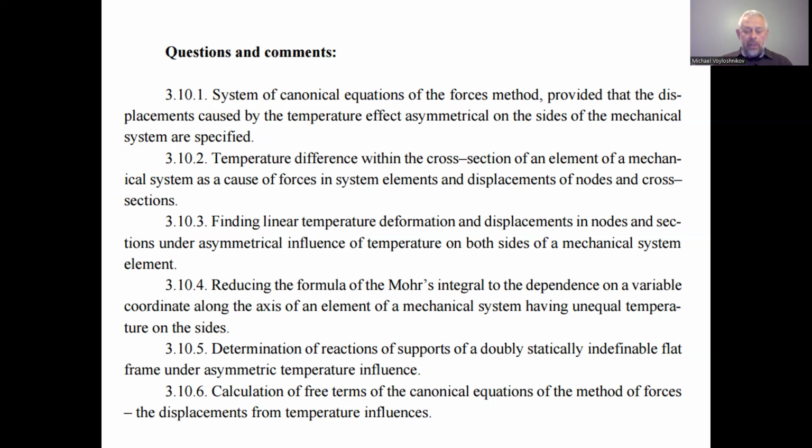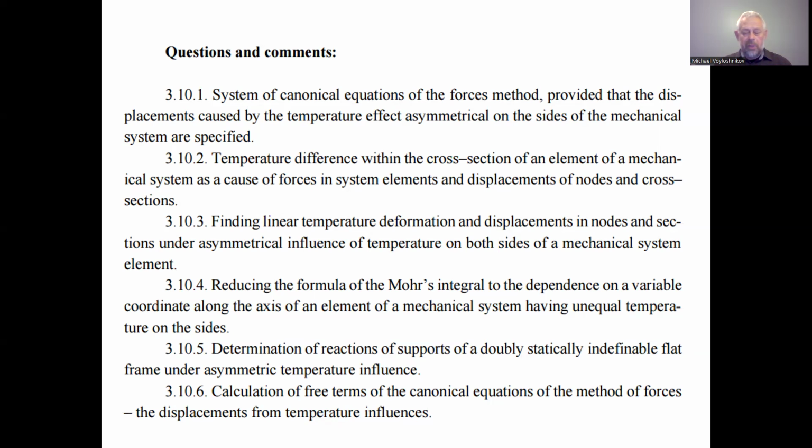3.10.5 Determination of reactions of supports of a double statically indeterminate flat frame under asymmetric temperature influence. To find the reactions of supports, we have to use the canonical equations of the force method.